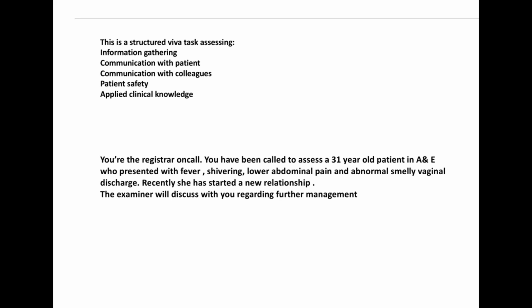So the examiner may ask you why we need to start the antibiotic straight away. Do we need to wait until the culture results come and confirm that we have PID? Because sometimes she may not have any PID or any infection, and we are giving her long-term antibiotics with no benefit or no evidence that she has any infection.